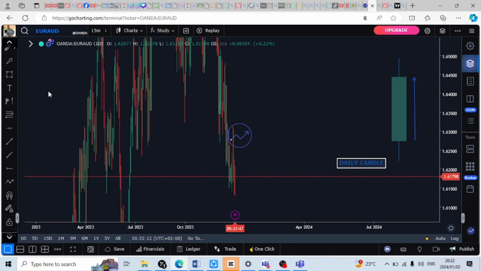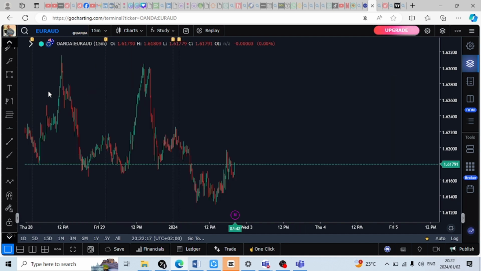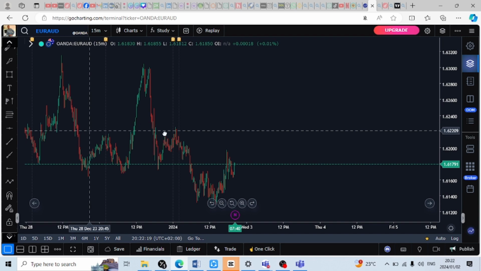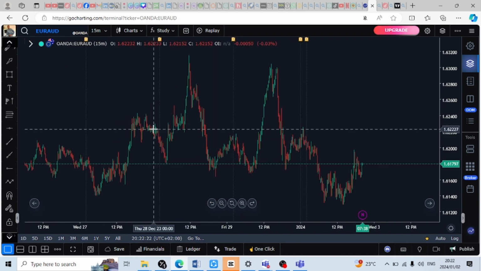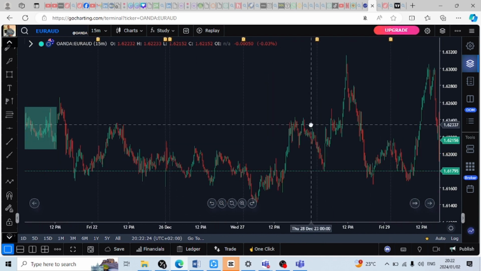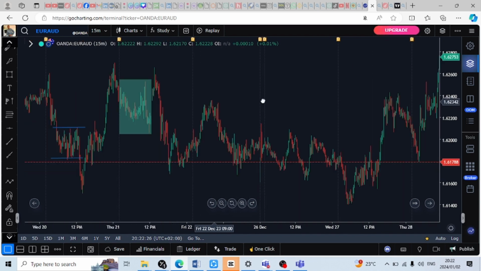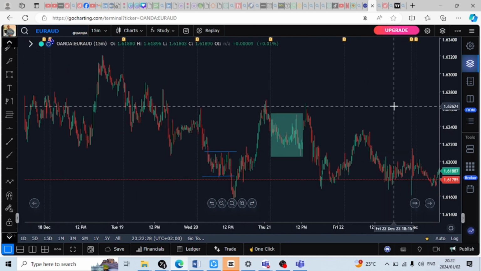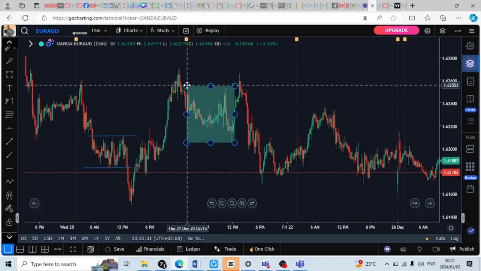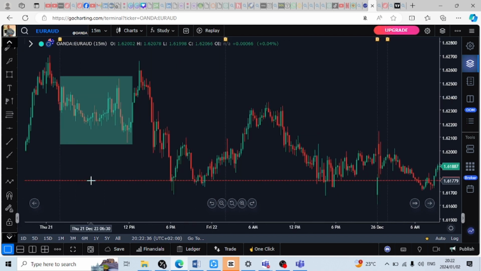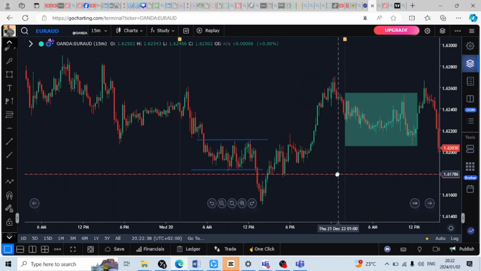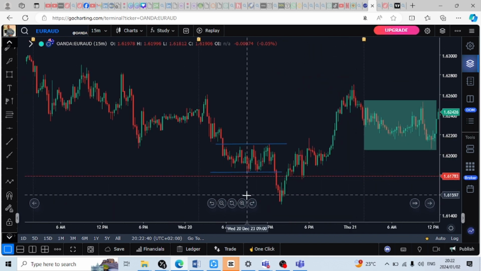Let's identify how this concept would actually look, and then look at how we can trade using it. We're going to focus on this particular period.